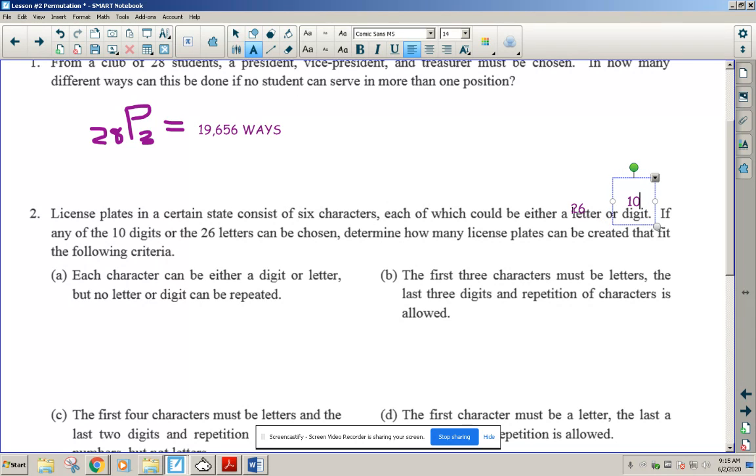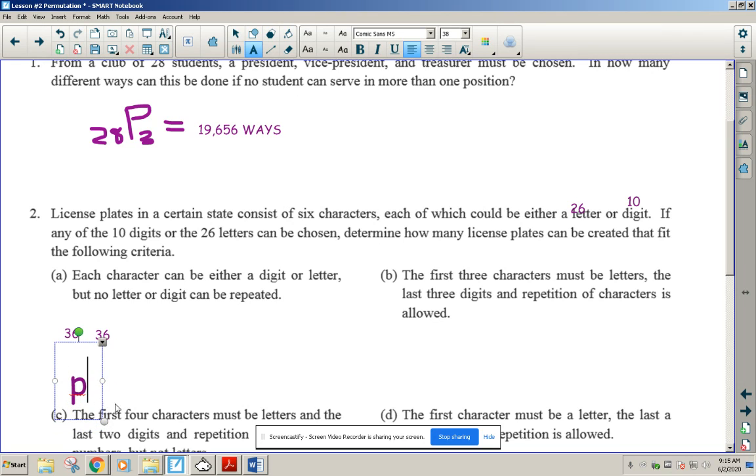The sample space for numbers is 10, and the sample space for letters is 26. If any of the 10 digits or the 26 letters can be chosen, determine how many license plates can be created to fit this criteria. Well, that means you had 36 options and you got to choose all 36 of them. Now I'm going to put a P nice and big.